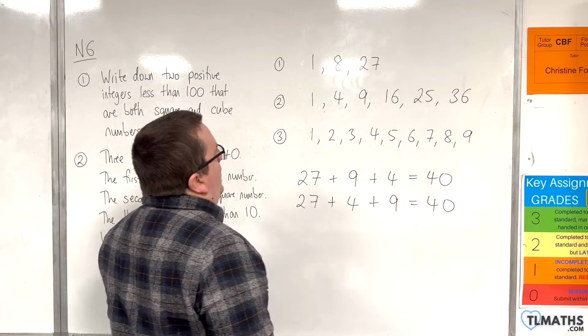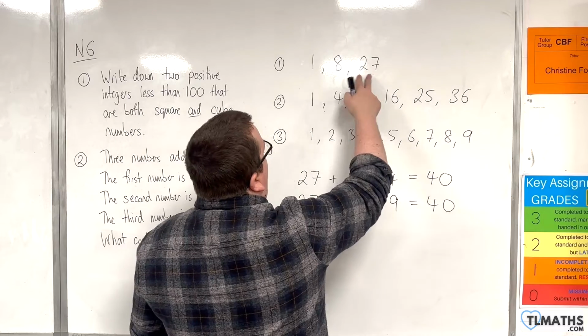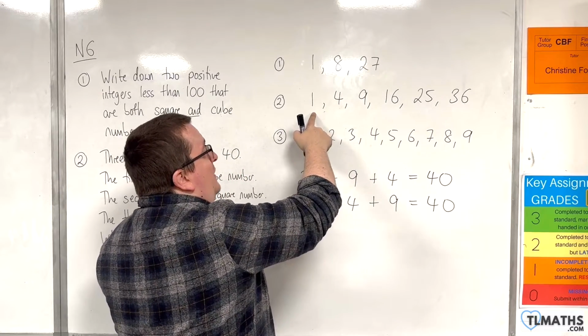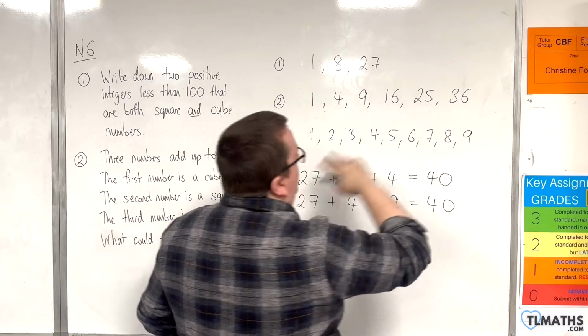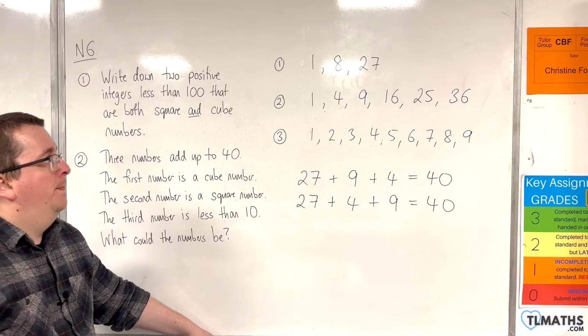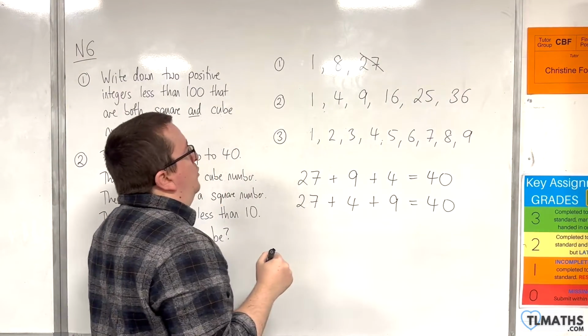Right, okay. We can't stick with 27 because 27 plus 1 would be 28. And the next number would have to be 12, which is greater than the 9, so we can't have that. So we've exhausted 27. Don't need to worry about that anymore.